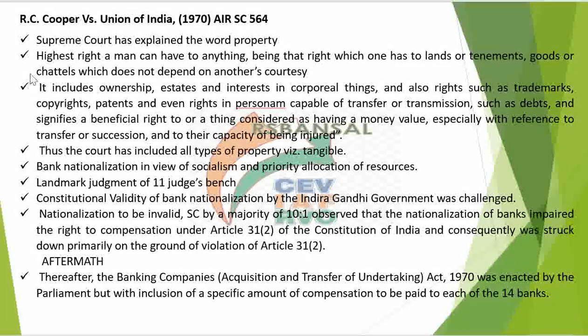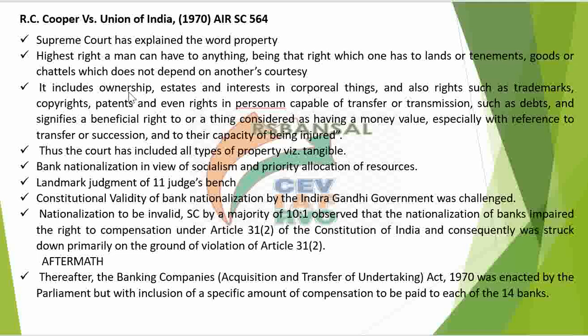In this case, the Supreme Court has explained the word property. It explained it as the highest right a man can have to anything, being that right which one has to lands or tenements, goods or chattels, which does not depend upon another's courtesy. That is the word property. So property means the highest right a man can have to anything.